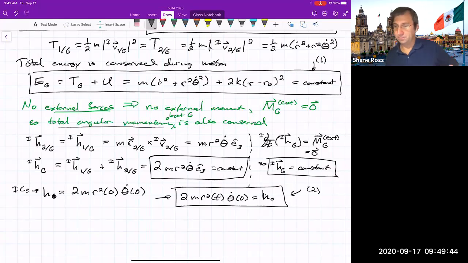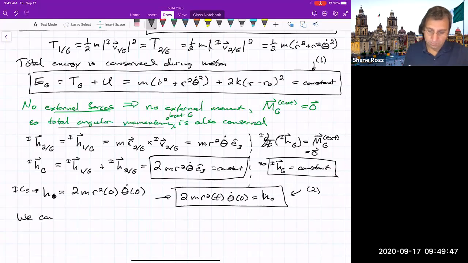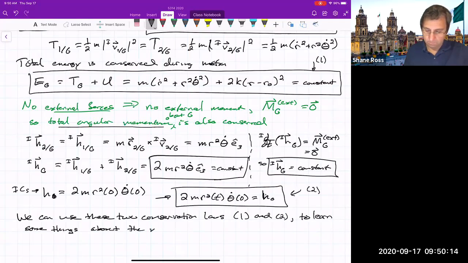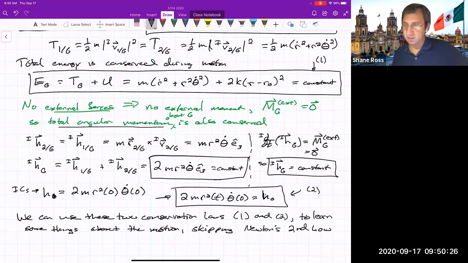And we can use these two, one and two, to learn some things about the motion, totally skipping Newton's laws. Or I guess we're talking about mostly Newton's second law, the one that's the law of motion.